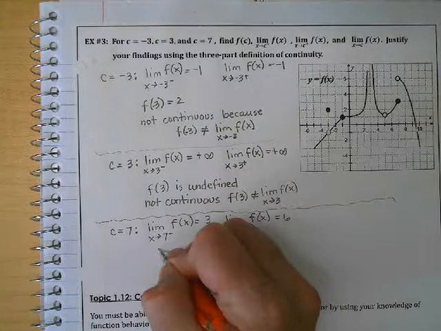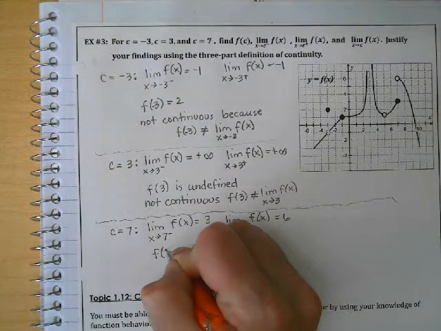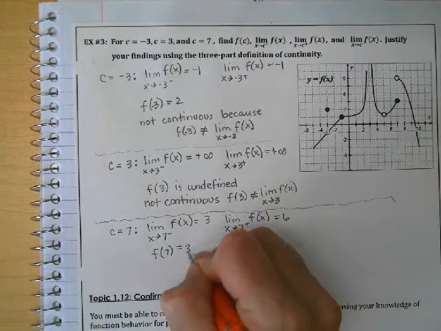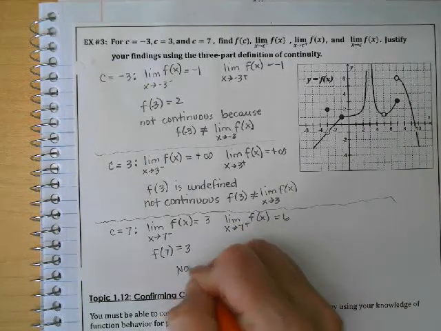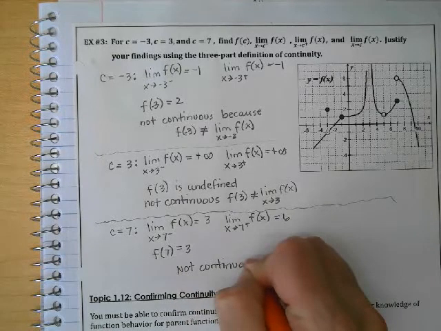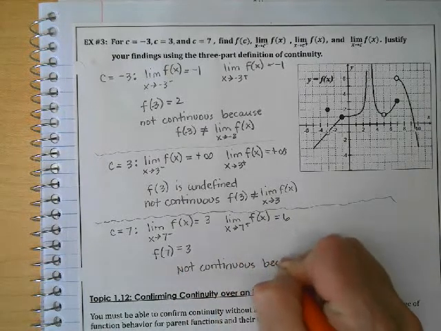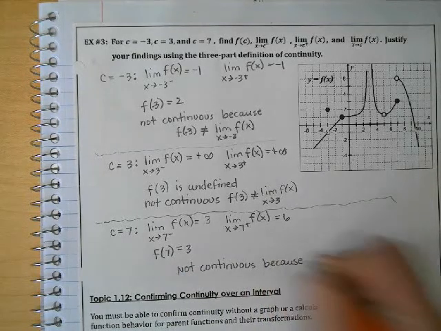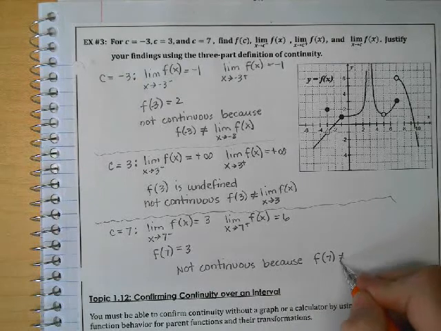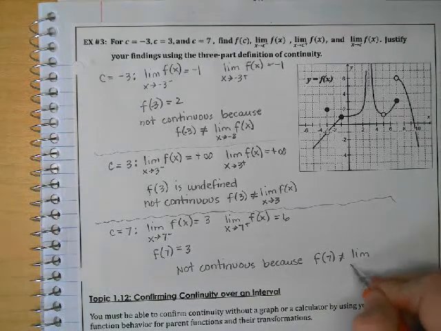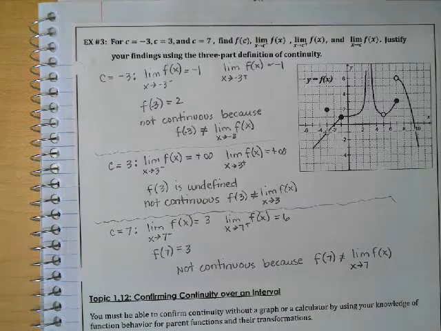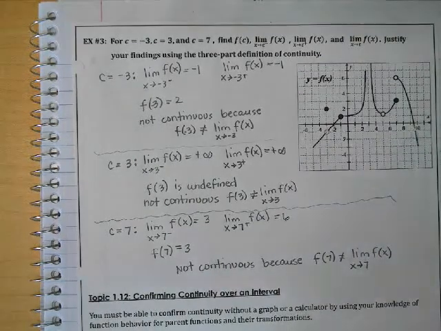And f of 7 is equal to 3. So not continuous because f of 7 does not equal the limit as x approaches 7.